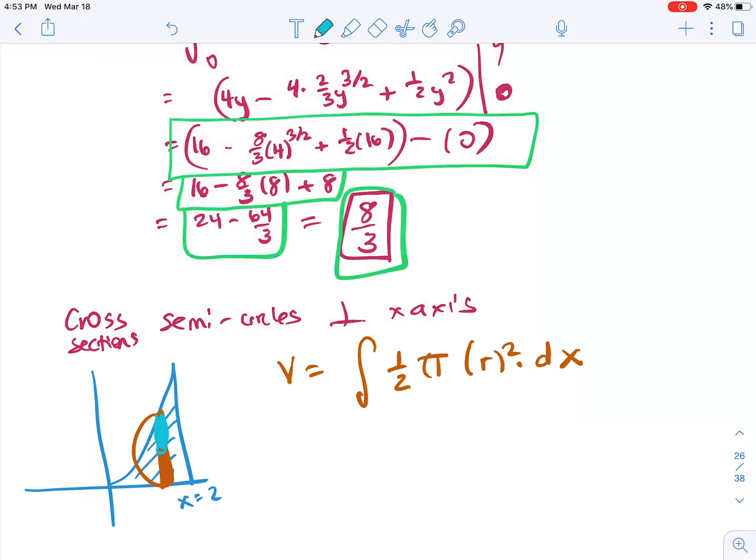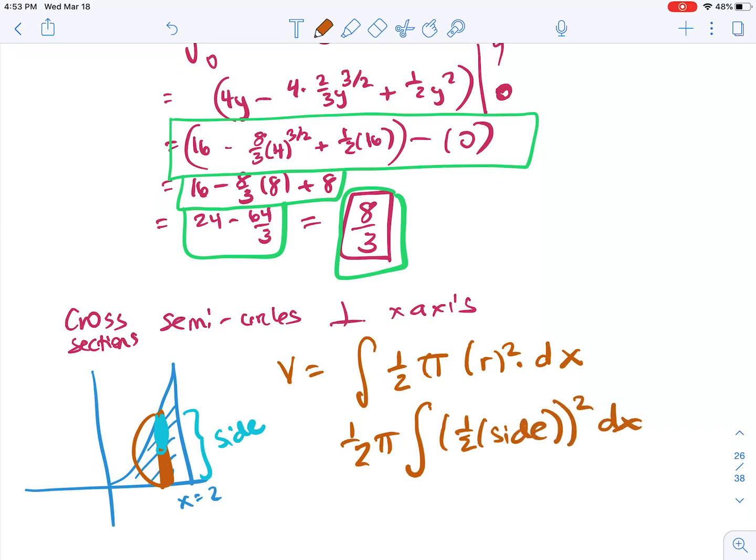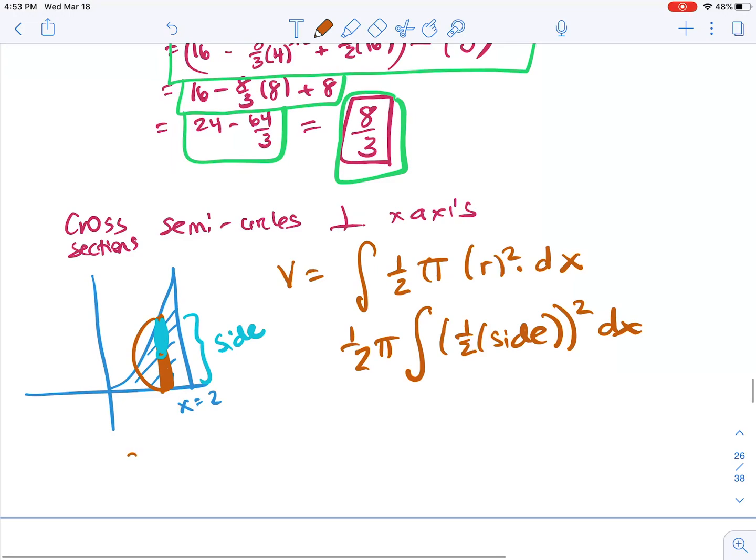This is the radius of this circle. I want to be really clear that the radius is only half of that rectangle. So that's only half of what I'm calling the whole side. When I go to this volume formula, I can pull the 1/2 and the pi out of the integral. Don't let that bother you. But the r value is half of the side length.